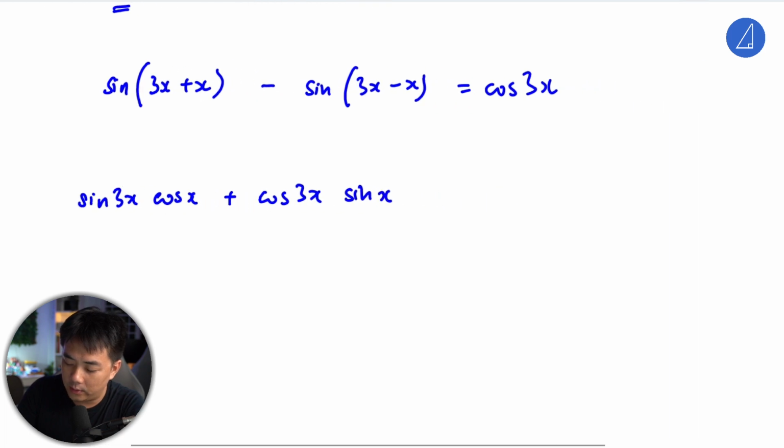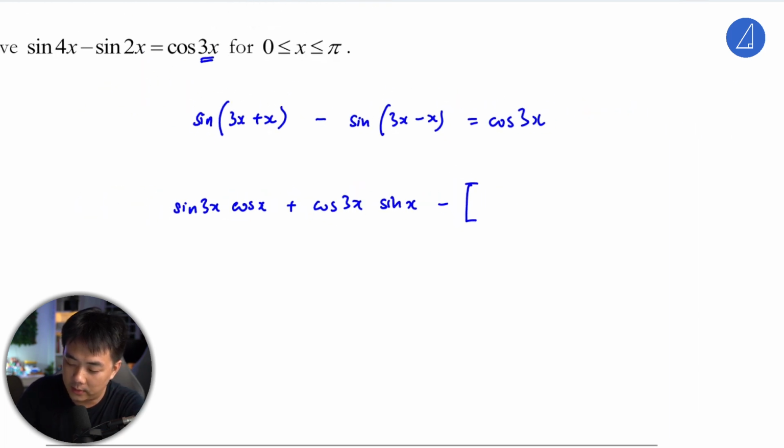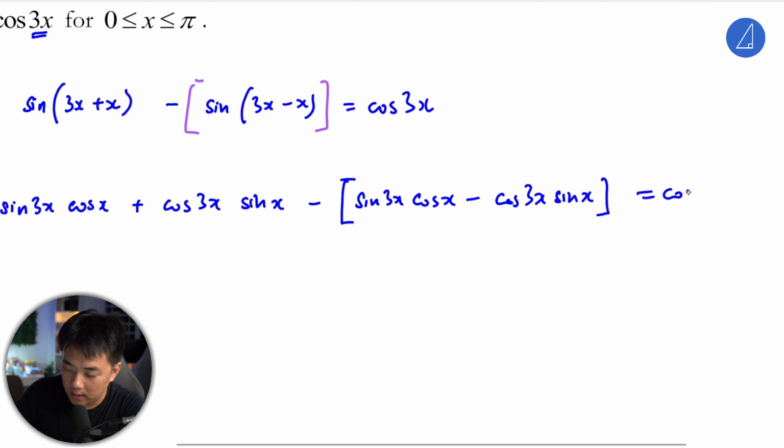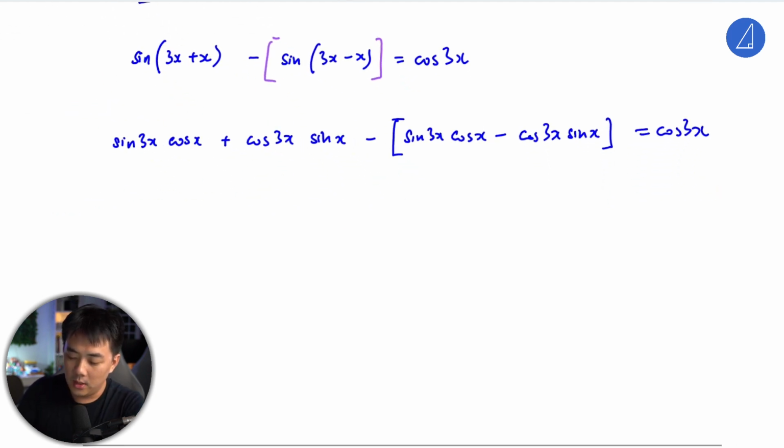Then after which we get the subsequent one. I will just bracket this out. Then that will be sine 3x cosine x minus cosine 3x sine x. This is cosine 3x. Once done, I'm going to write this out nicely so that I don't skip any step.